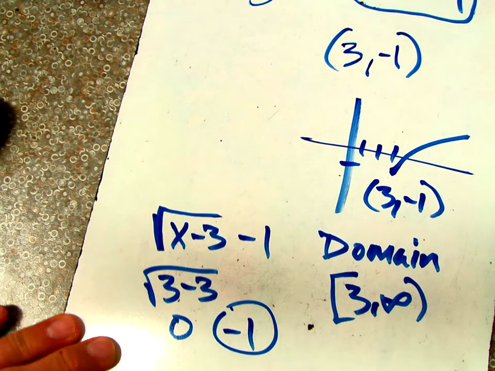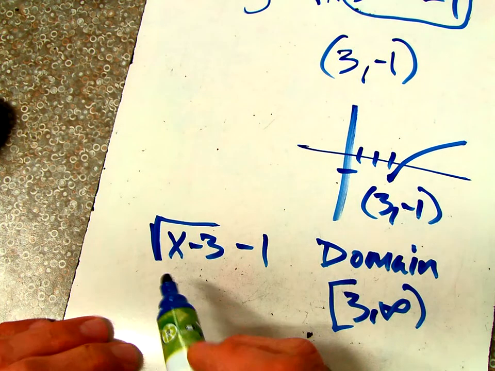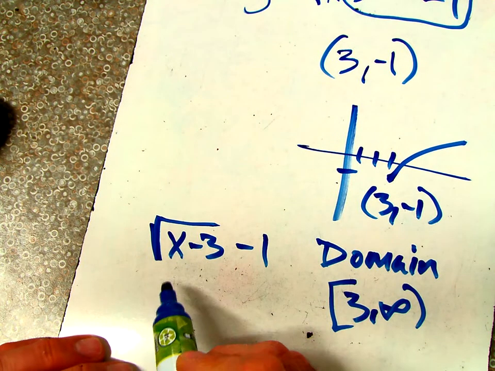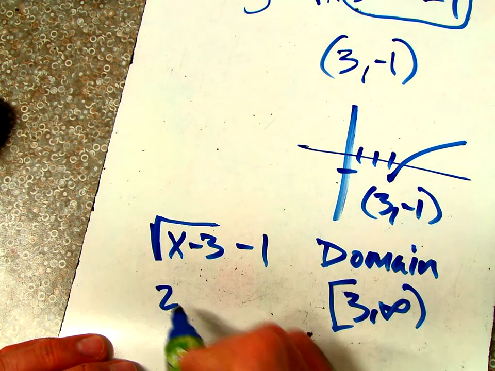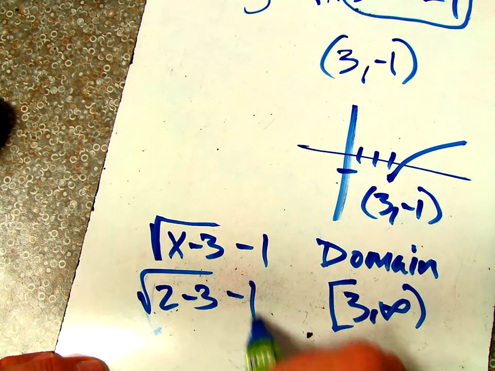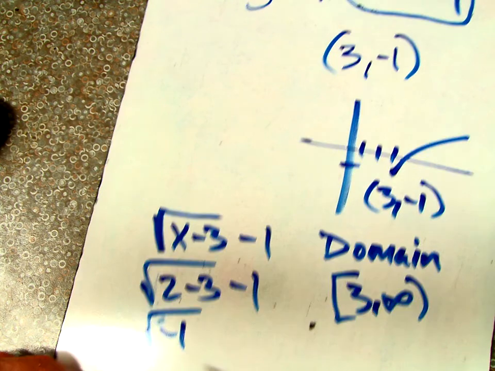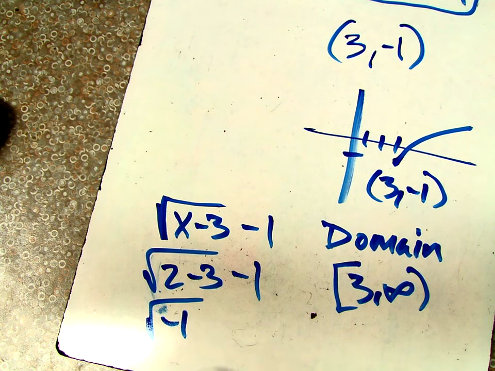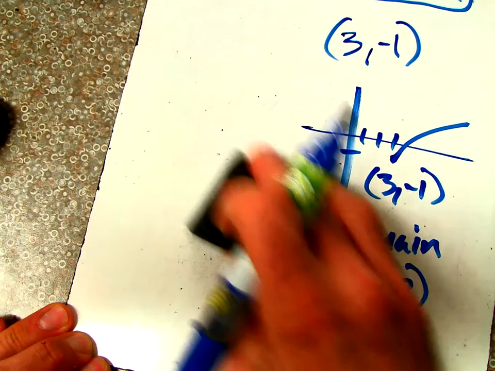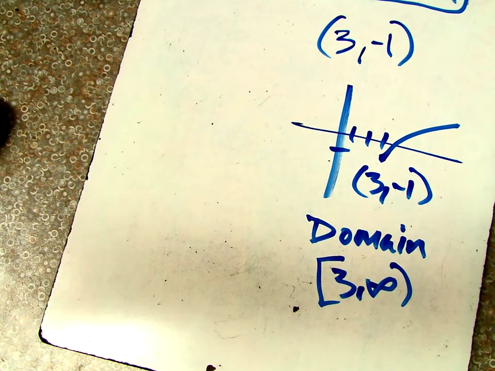If I put a number that I couldn't do, let's do 2: 2 minus 3 is -1. Square root of -1 is imaginary, so it's not on our graph. It explodes. That's how you can know if you can have it or not: if it makes it imaginary, it jumps off of your graph.